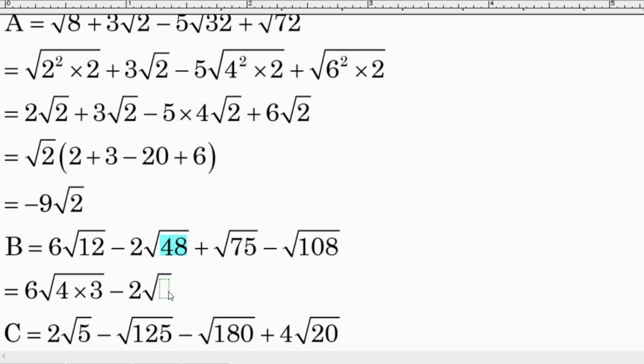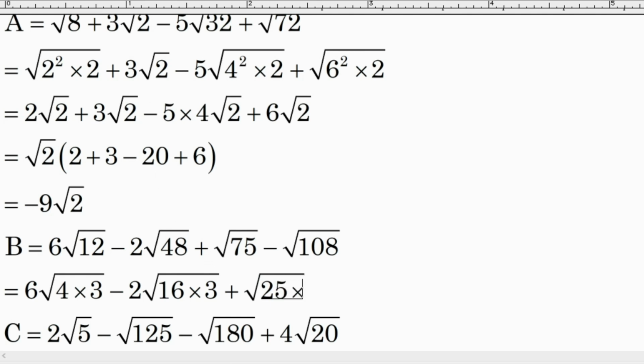So 48 could be written as 16 times 3, and 16 times 3 is equal to 48. And then plus square root of 75. So square root of 75 could be written as 25 times 3.